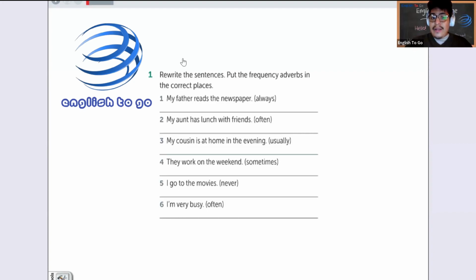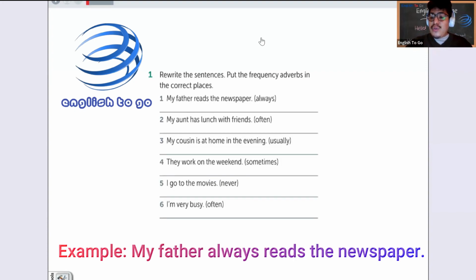Activity number 1, page 116. Extra grammar or grammar practice. Instructions. Rewrite the sentences. Put the frequency adverbs in the correct places, okay? For this activity, you are going to use only and exclusively frequency adverbs.